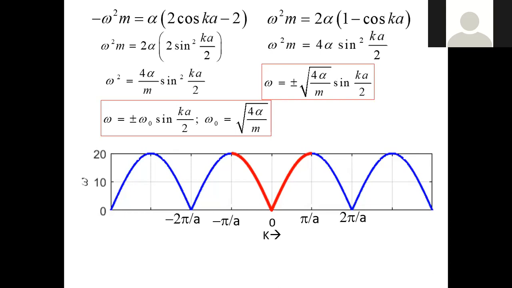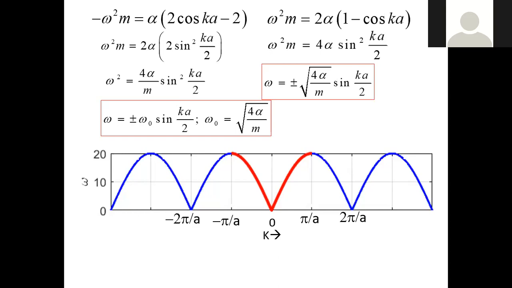If you go to the value of k in the positive direction, at the point k equal to pi by a, when the wave vector is pi by a, at this point the frequency is maximum, that is omega naught, which is given by square root 4 alpha by m. Similarly, in the negative direction, if you go to k value minus pi by a, there also omega will be maximum with the value square root 4 alpha by m.